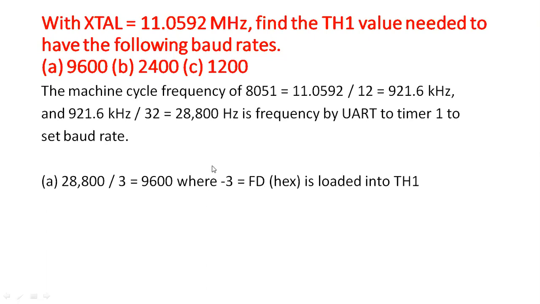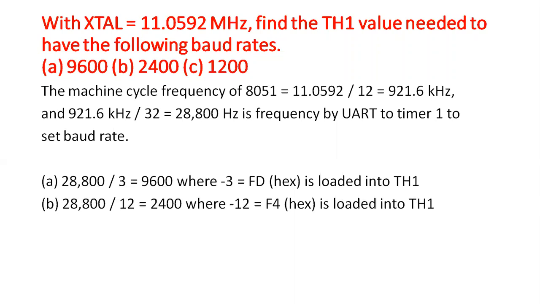Another method is to subtract this x value from the maximum count value, then convert into hexadecimal, and you will get FD. So any way you can use it, that's not a problem. If you have any doubt in this, you can text me on WhatsApp or mail also, then I will explain.